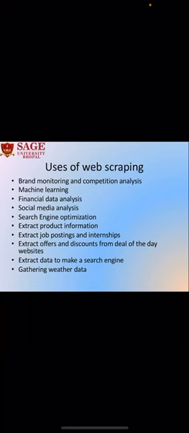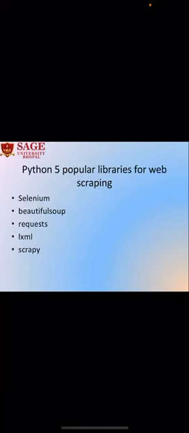Extract product information. You can extract specific product information from, let's say, Amazon. You can extract job postings and internships, let's say from freshersworld.com. Extract offers and discounts from deal of the day websites. Extract data to make a search engine, gathering weather data.